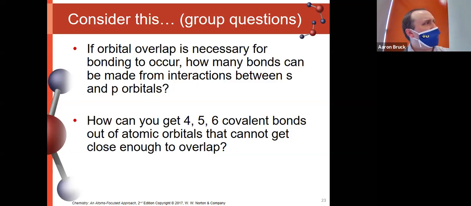So how do I get to those tetrahedral shapes, to those trigonal bipyramidal shapes, to those octahedral shapes? So I want you to think about coming into Friday. Friday, we're going to have the answer. But I want you to puzzle on that for the next 48 hours.